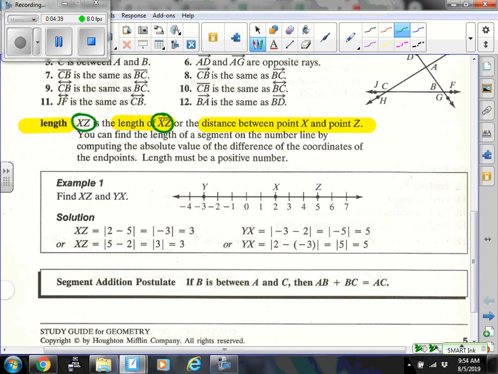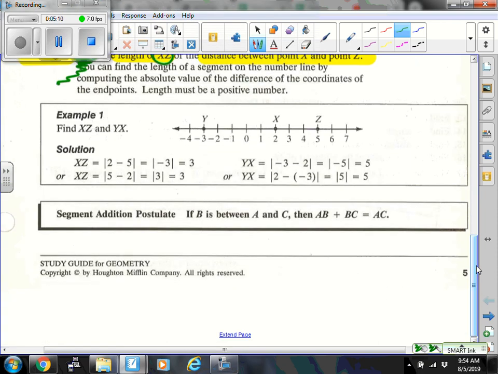In other words, if I use 2 capital letters, any 2 letters, that means the length of XZ, line segment XZ, or the distance between X and Z. So nothing atop means I'm looking for a length between those 2 points. Now on a number line, we can compute those by subtracting the lowest value from the highest, and we're going to do those examples at the end in class together.